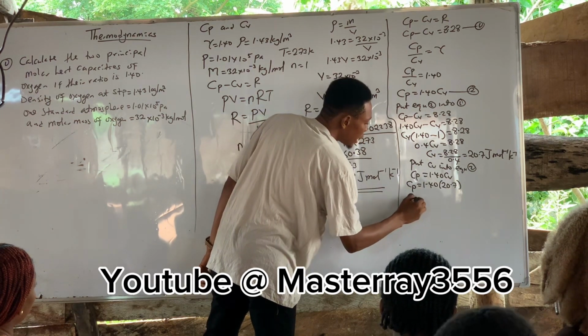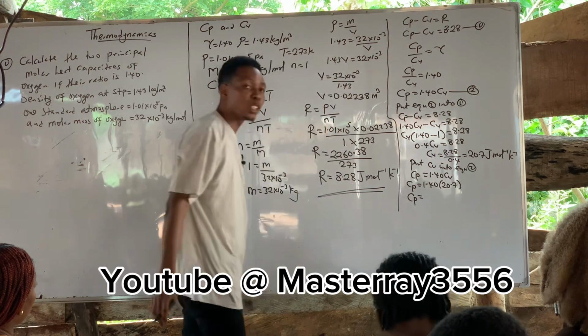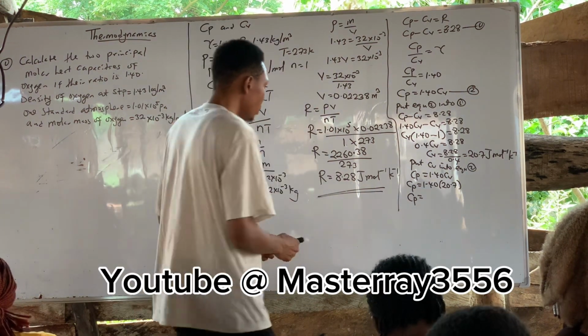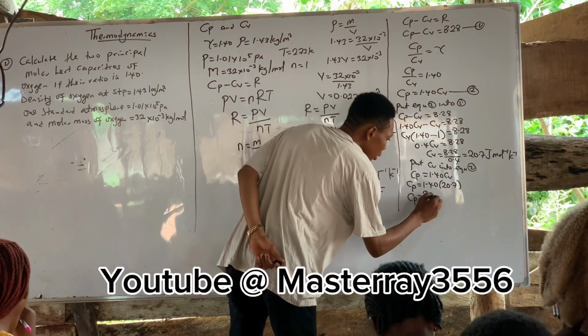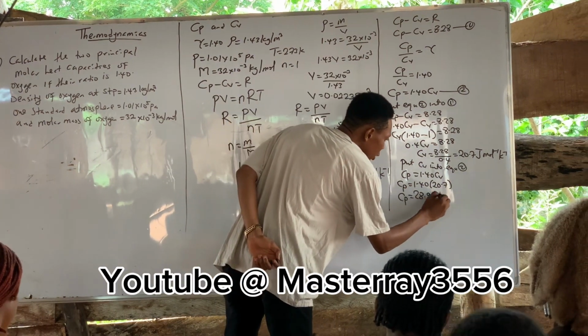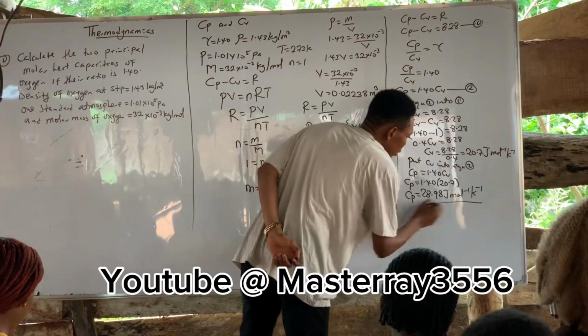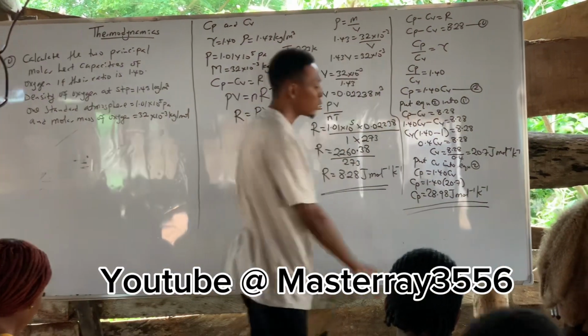So what's Cp now? 1.40 times 20.7. 28.98 joule per mole per Kelvin. So that is our answer.